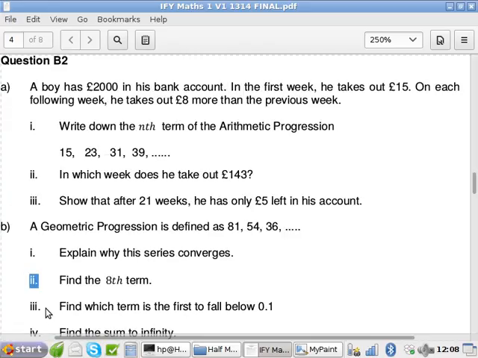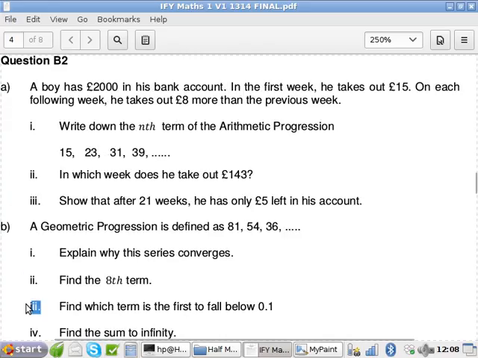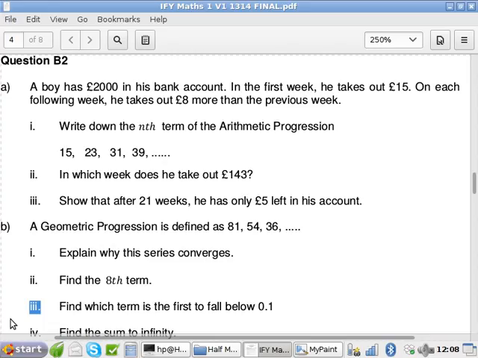Find the first term to be less than 0.1. First you will try, then you might fail, and you can see me do it.